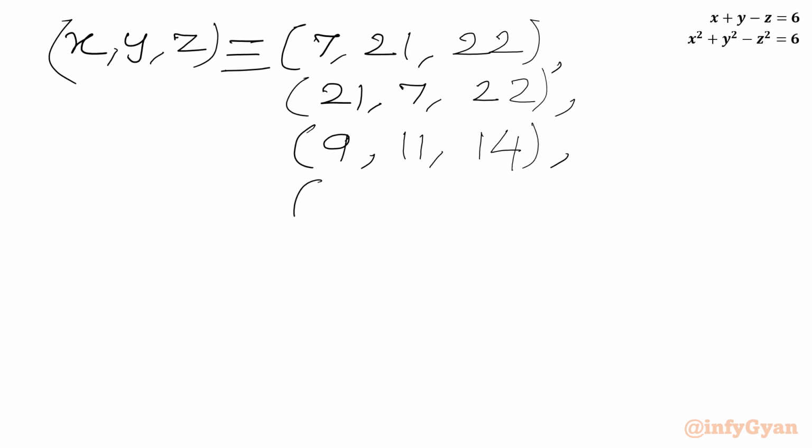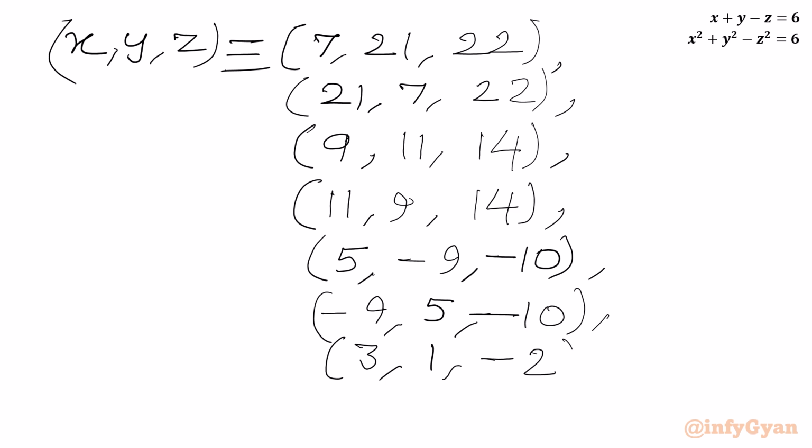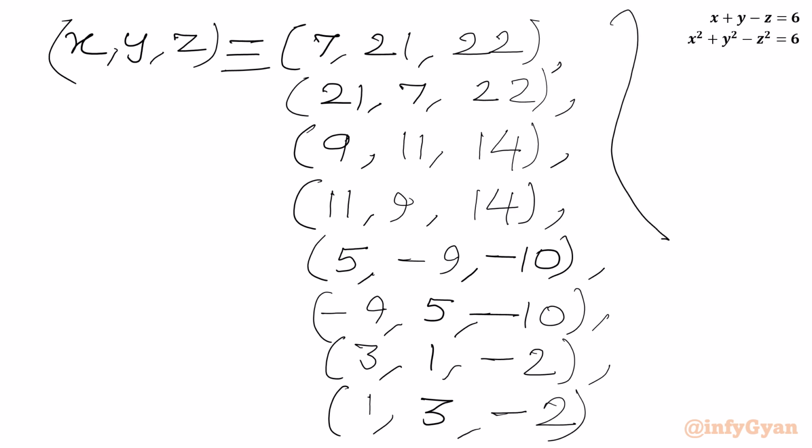Now we will swap x and y, 11, 9, and 14. Third set was 5, negative 9, negative 10. After swapping x and y, minus 9, 5, negative 10. And last set was 3, 1, negative 2. After swapping of x and y values, we will get 1, 3, negative 2. Here we have 8 solutions.